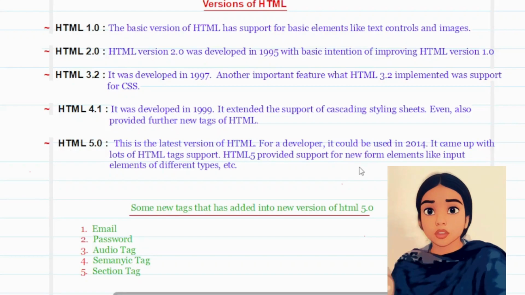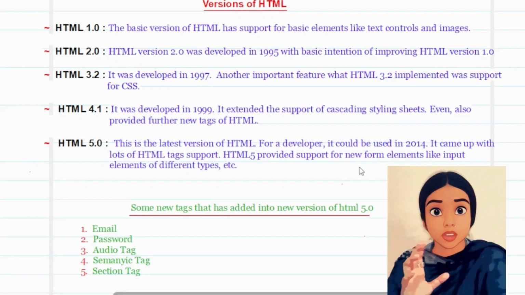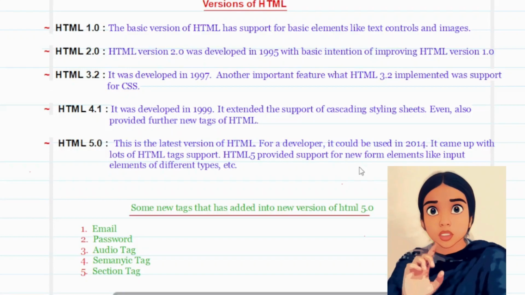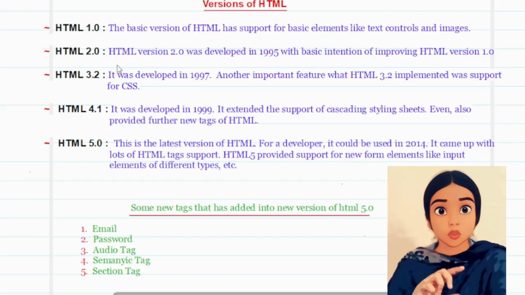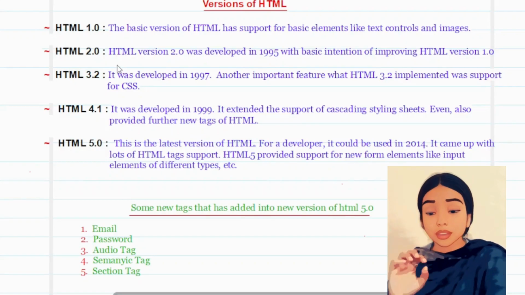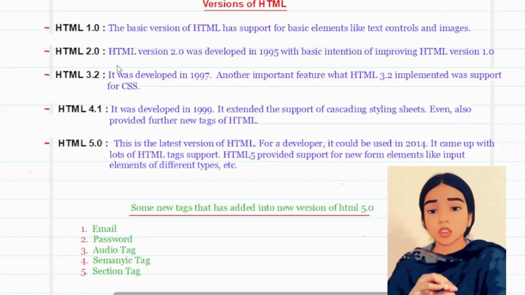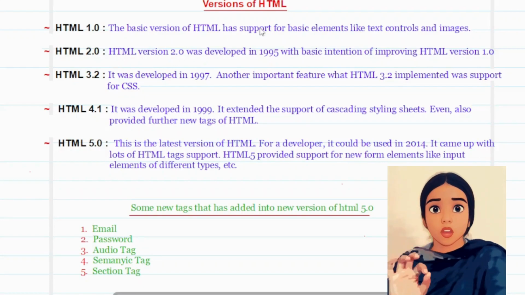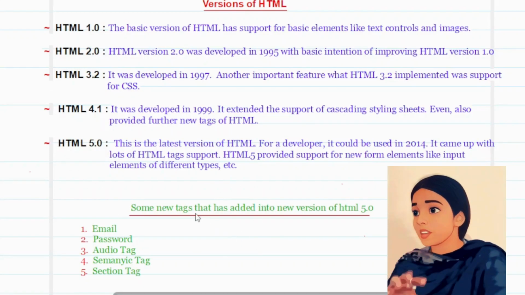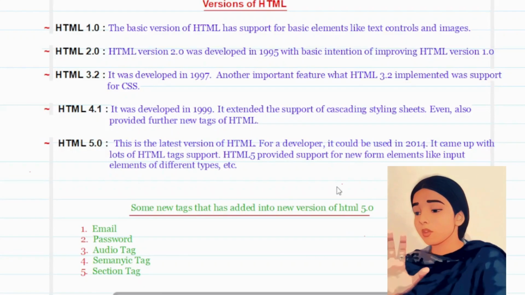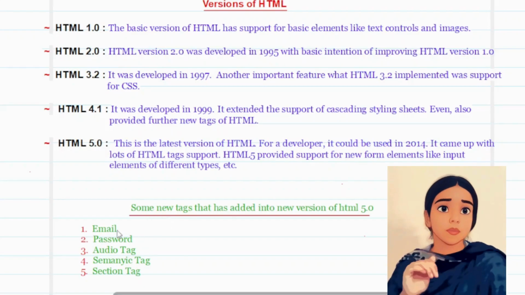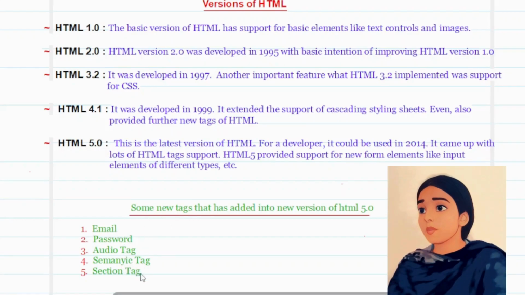Even with this version there are a lot of new functionalities in CSS. CSS has been supported by HTML since HTML 3.2, the third version, but in the latest version, CSS gets a super level of support. So that was all about the versions of HTML, and here I have also mentioned the new tags added in HTML5. HTML5 is the version in which things are being added day by day, and the latest tags are email, password, audio, text, semantic tags, and the section tag.